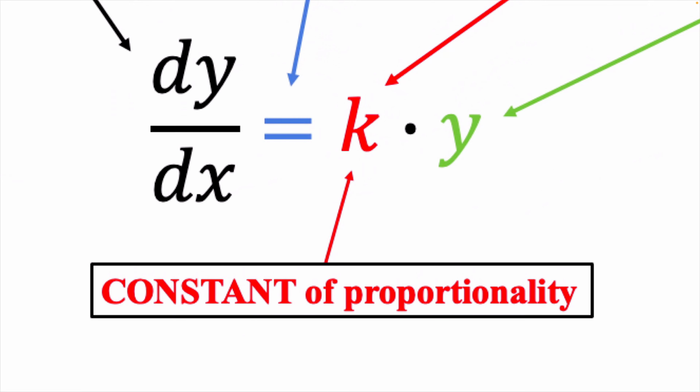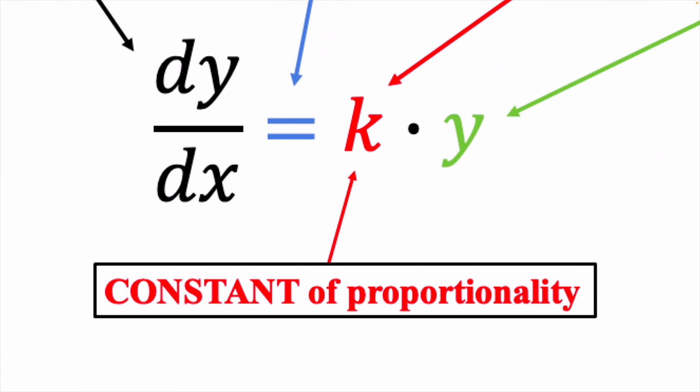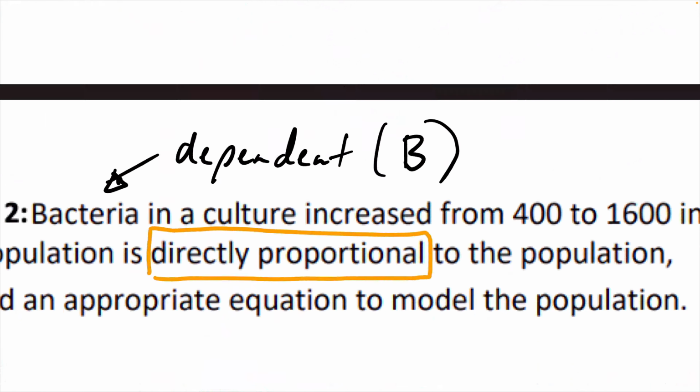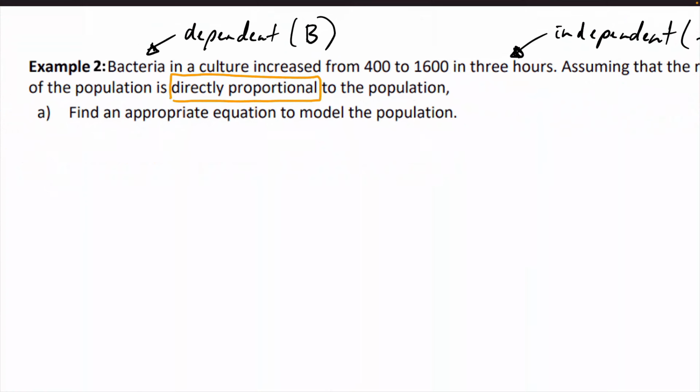D capital B over dt equals K times what? Capital B, because Y is the dependent. All right, so we get dB over dt equals K times B.